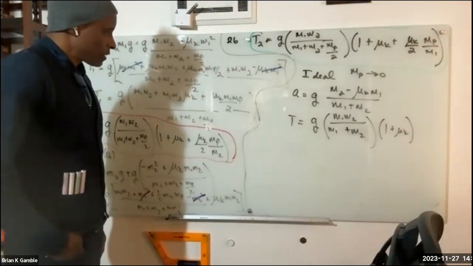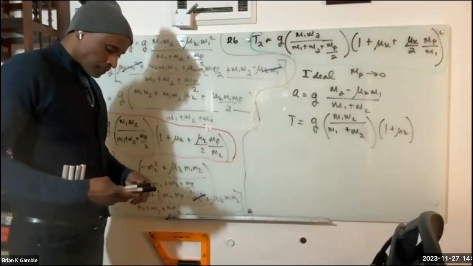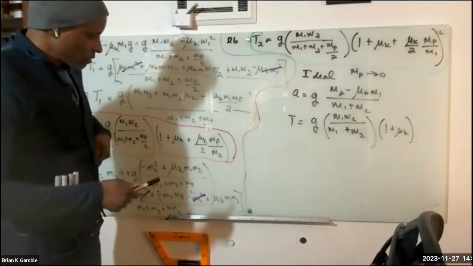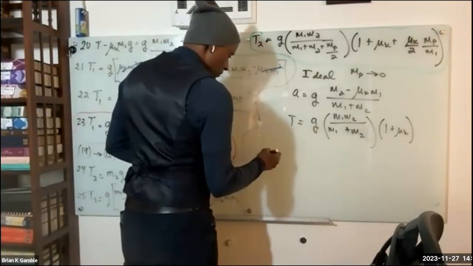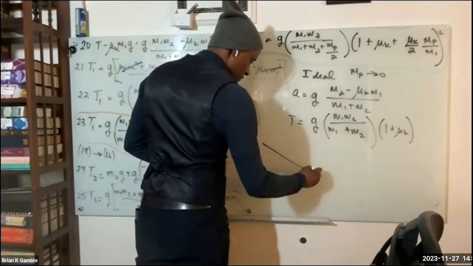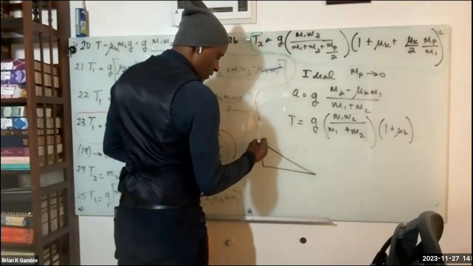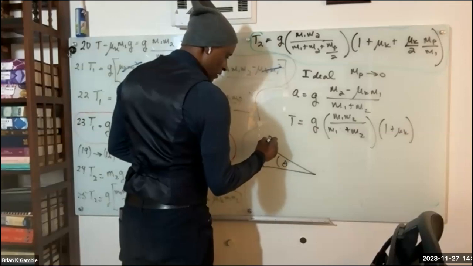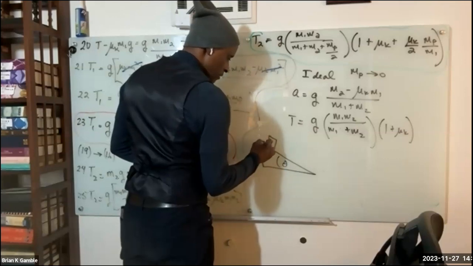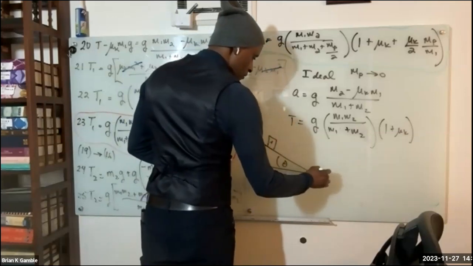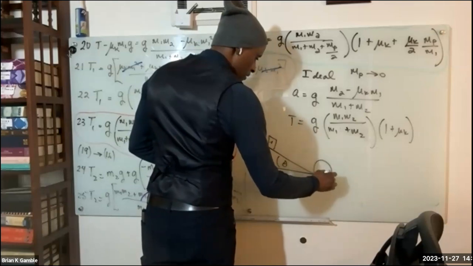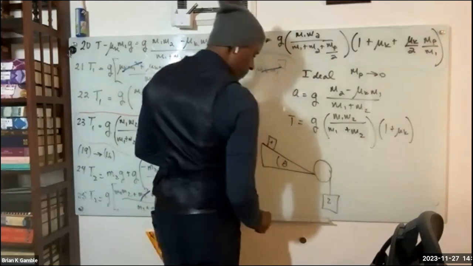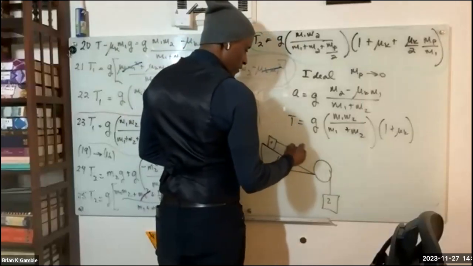But what I'm saying is, go ahead and put it in. So now you do something like this. You have a theta there. You have m1 here, and of course the pulley is here, and then m2 there. So you've got this scenario now.